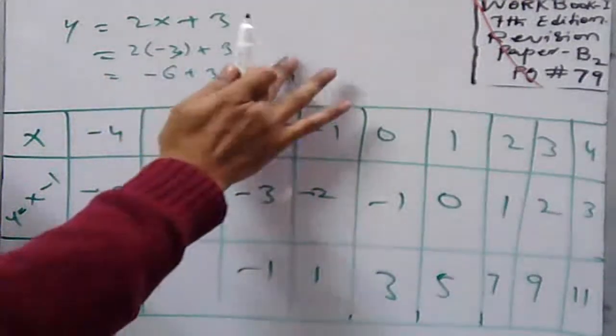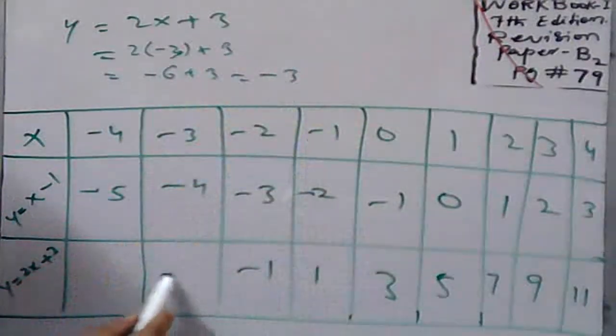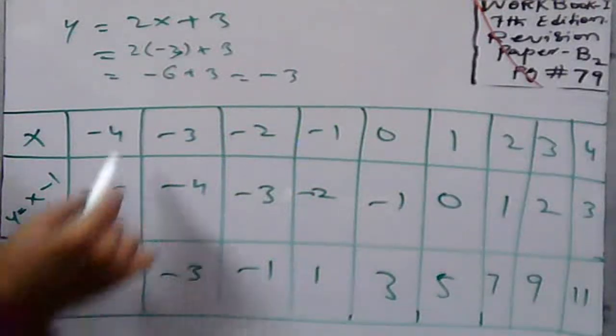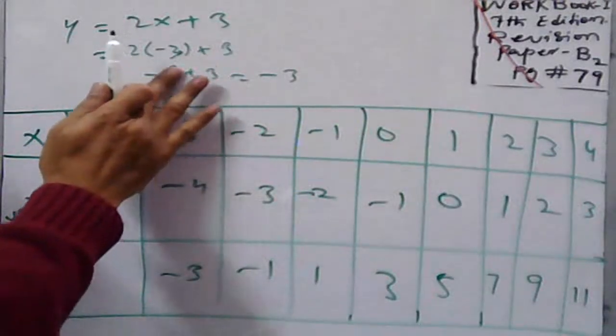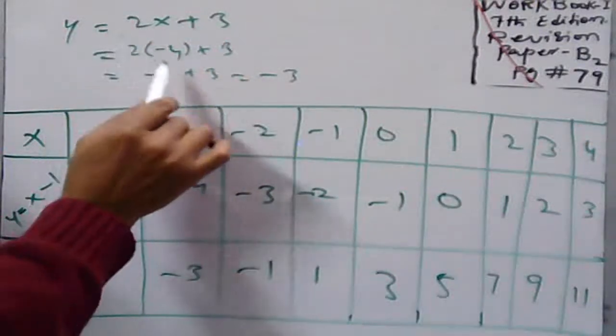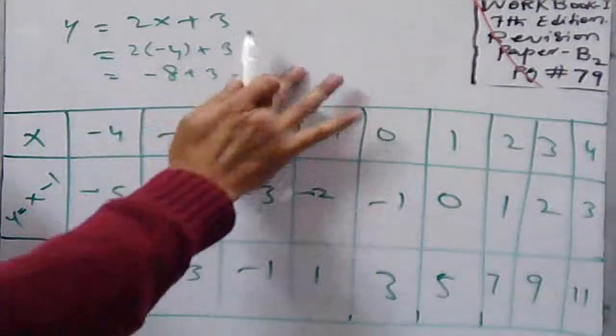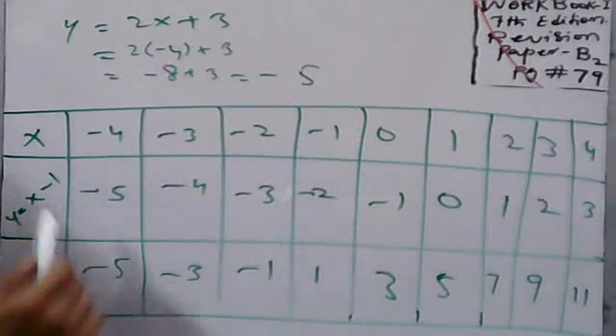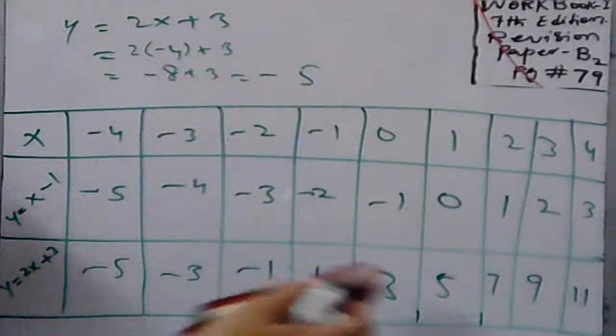And lastly, when you put minus 4 here, 4 twos are 8, minus 8 plus 3 is minus 5. So this is the methodology of how to find the values by using the given equation.